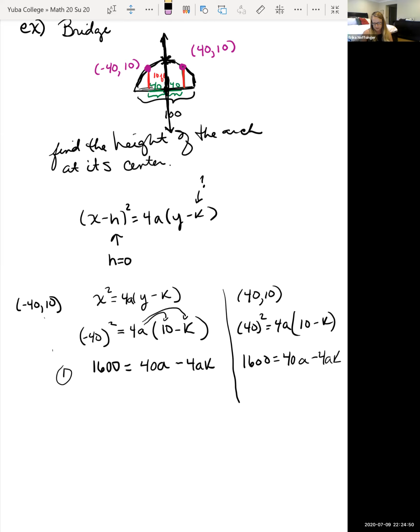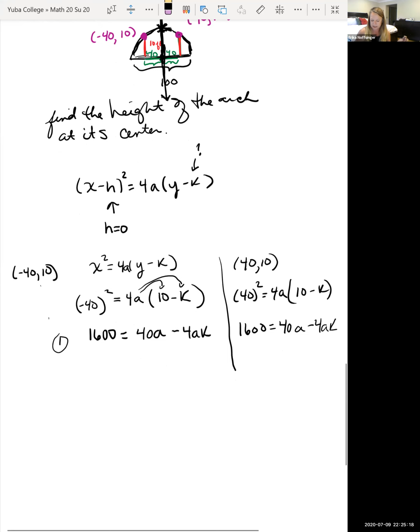I mean, basically the same exact equation. So what I did didn't help us any way whatsoever.